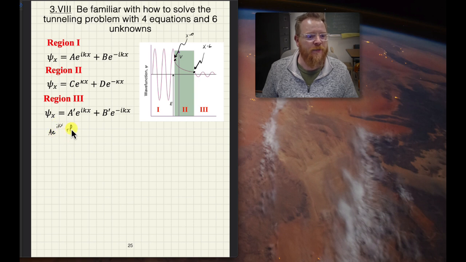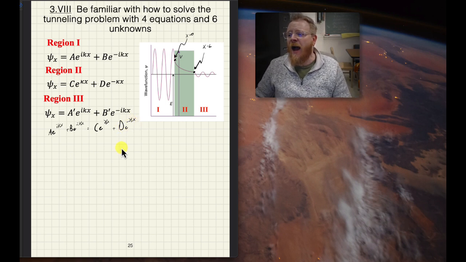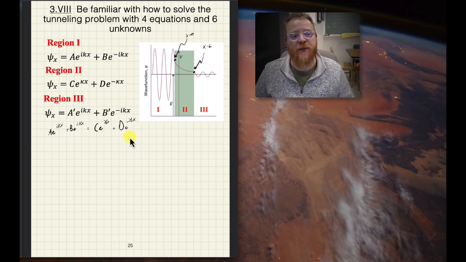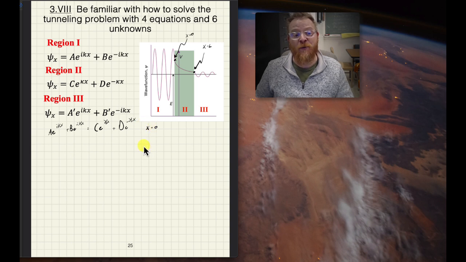A e^(ikx) plus B e^(-ikx) equals C e^(κx) plus D e^(-κx). And we can make a very simple adjustment to this by noting that x equals 0 at that boundary.